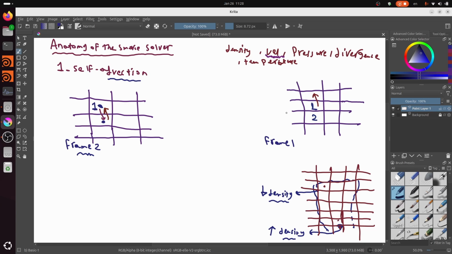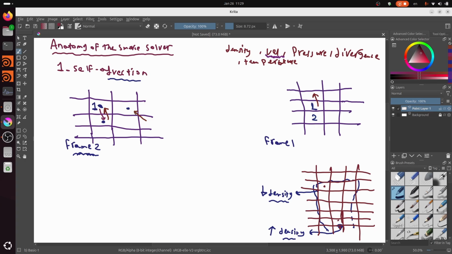So I think now you get it. Instead of moving the value, you can go backward here using your velocity field and say, okay, in the previous frame, where was the value of this voxel? So for example, let me take this voxel here, and if the velocity field was like this, I'm in frame 2, so I'm going to say at frame 1, where was the value of this voxel?